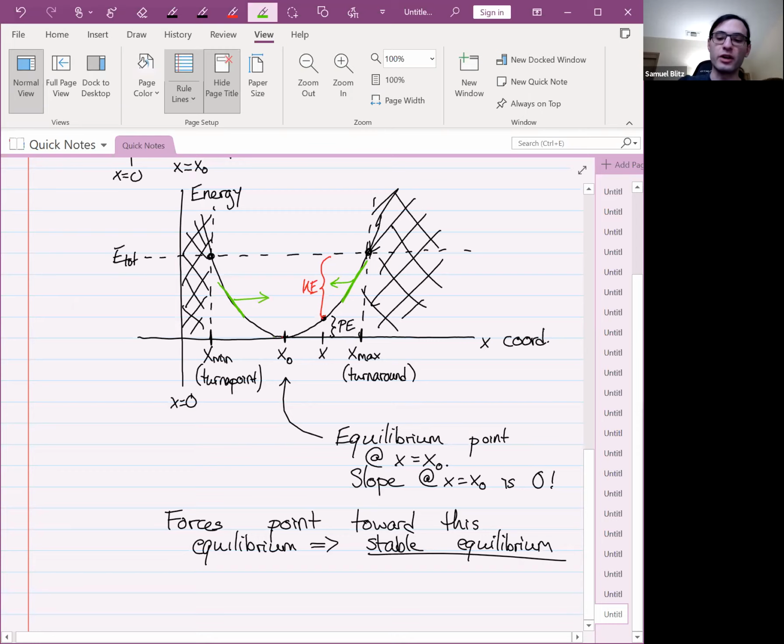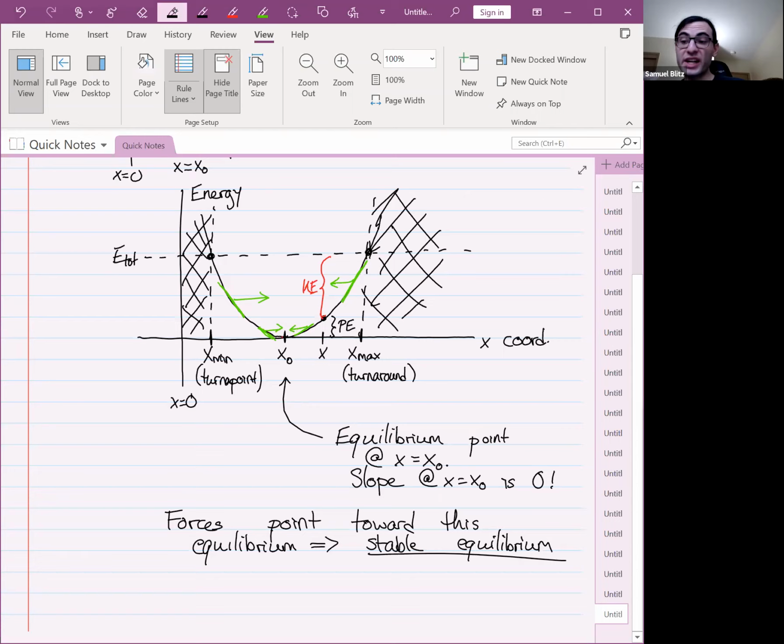And so what we can see here is that the forces near the equilibrium point back towards equilibrium, because the slope is negative to the left of the equilibrium. That implies a force in the positive direction, and the slope is positive on the right side of the equilibrium, which implies that the force is in the left direction, or negative.